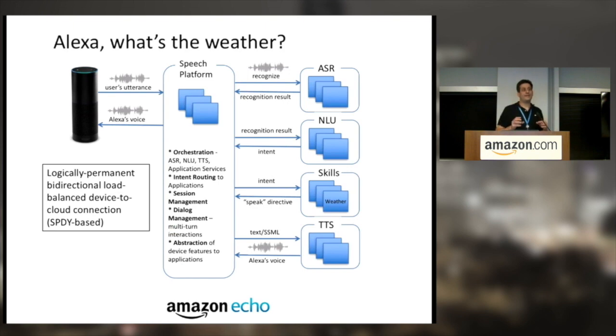Everything happens in milliseconds, very, very fast, and everything is done in parallel. That means the ASR will return multiple results. The NLU will also return multiple results, because maybe the question is relevant to multiple skills. And the speech platform will need to rank and find the best match based on the score that each one returns and based on the context.